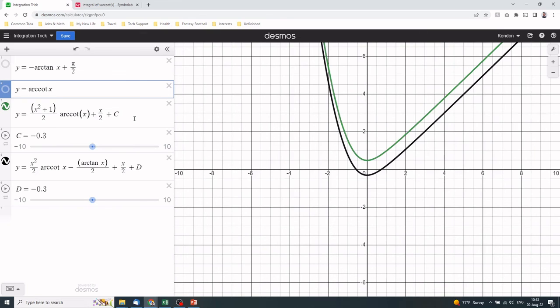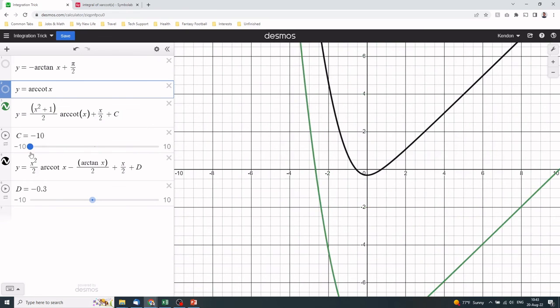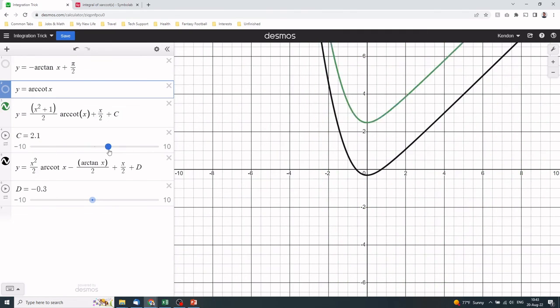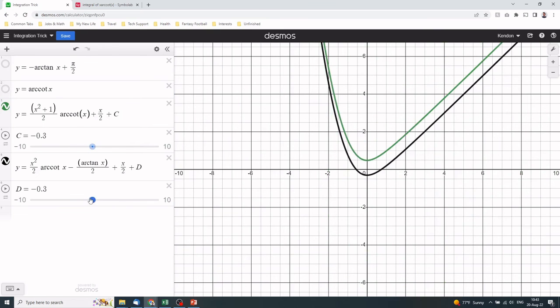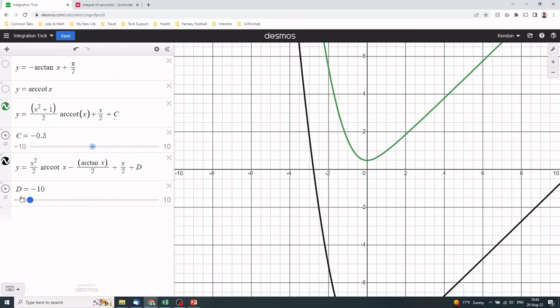So the evaluation of the indefinite integral isn't the graph you're looking at. It's the family of functions when C goes from negative infinity to infinity and hits every value in between. As we increase and decrease the value of C, all of these are the solutions to the indefinite integral. We can do the same thing with the one from Symbolab, and you can see that this family of solutions, as we move the C and D up and down, gives us the same set of solutions as this one.